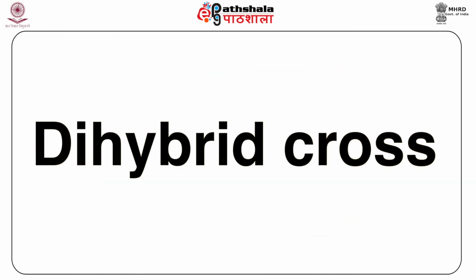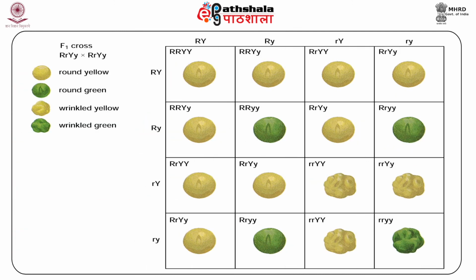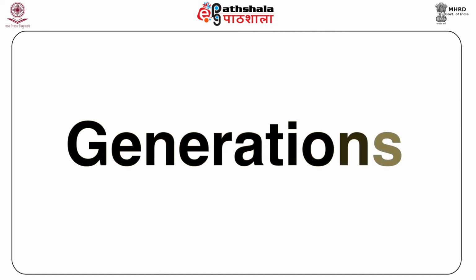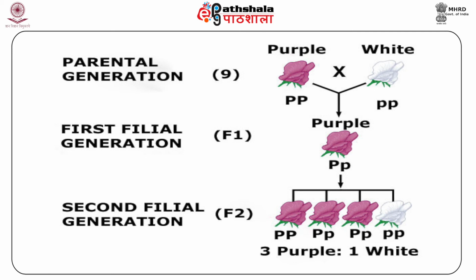Next, we move on to dihybrid cross. Similarly, the cross between two pairs of characters, or a cross made to study simultaneous inheritance of two pairs of genes, is called a dihybrid cross. Now moving on to generations. Let us understand the important terminology involved in labeling generations.